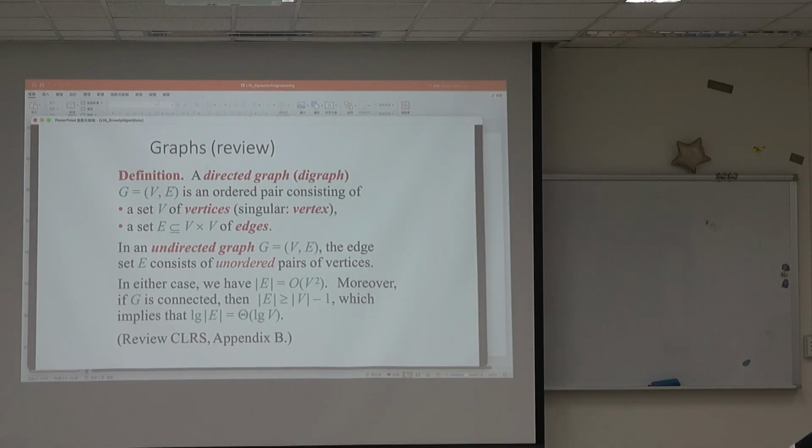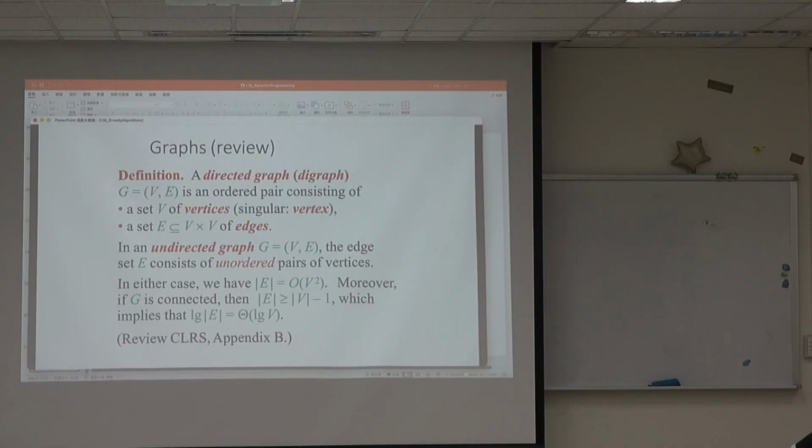So in either case, the number of edges must be bounded by V squared. And if G is connected, then E must be greater than or equal to the number of vertices minus 1. You know that, right? This should have been proved in your data structures class.